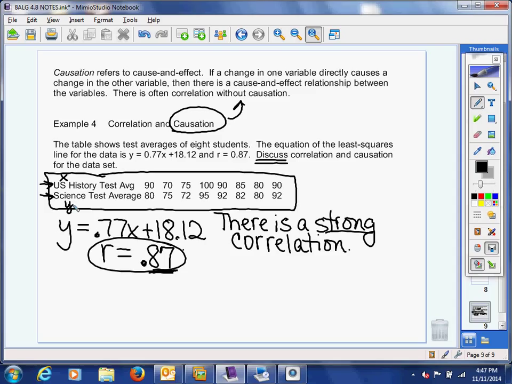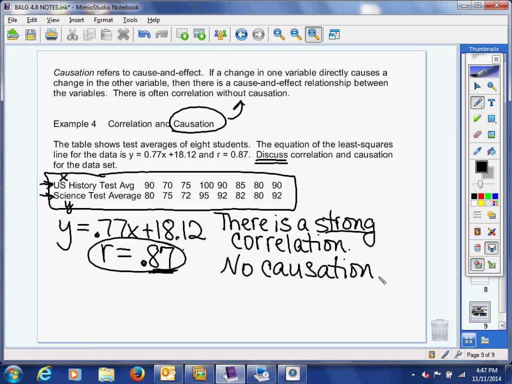The answer is one does not cause the other. Okay, no causation. There is no causation. What you make on a history test does not affect what you make on a science test. So there's no causation in this particular example.